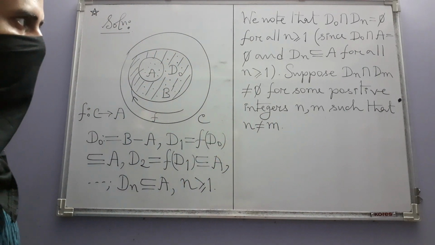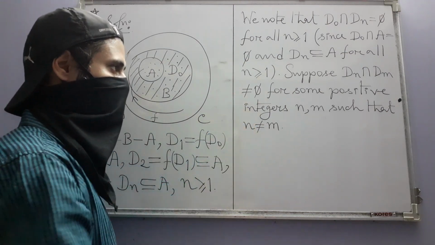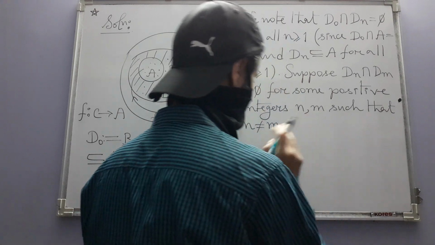Okay. Now from this non-disjointness, that means they have some intersection, we can next conclude this.